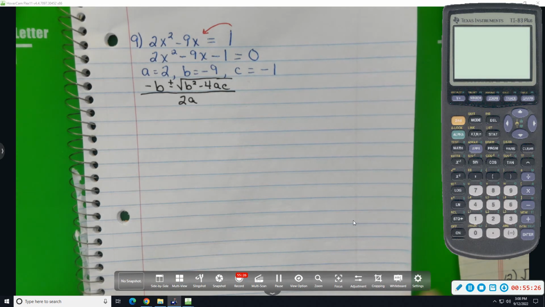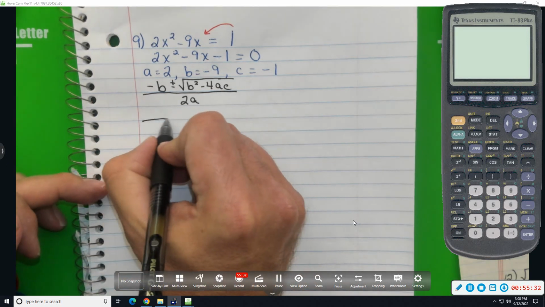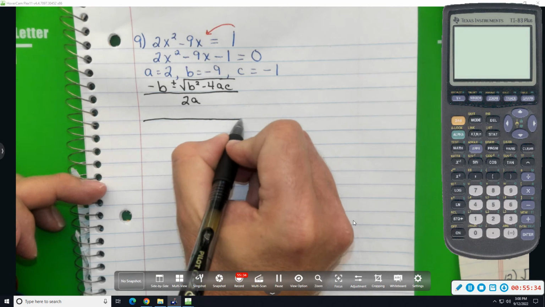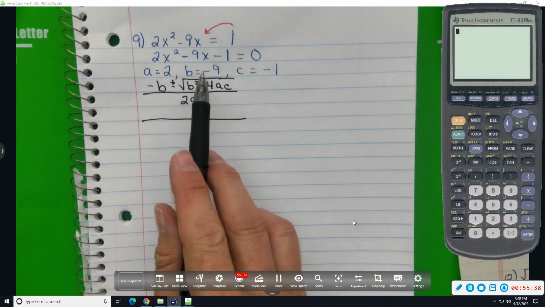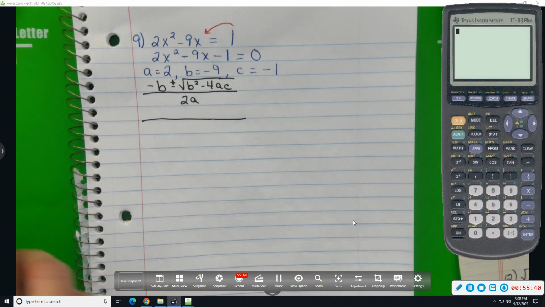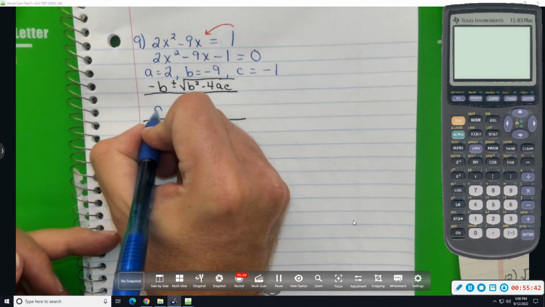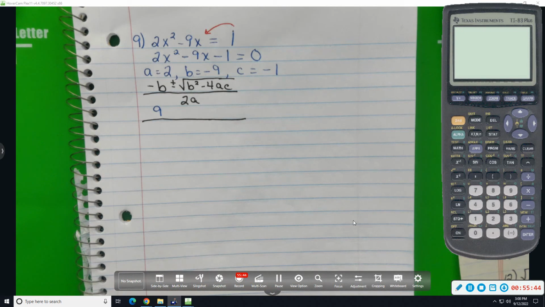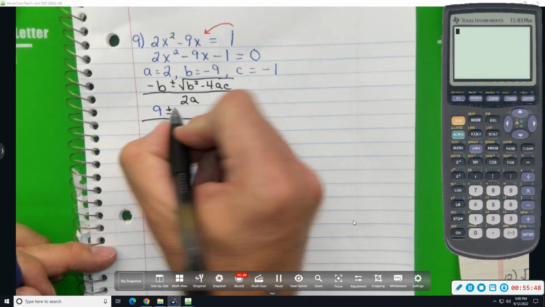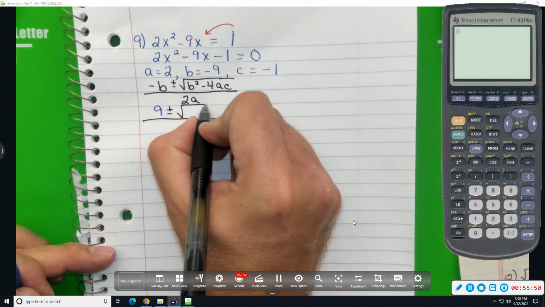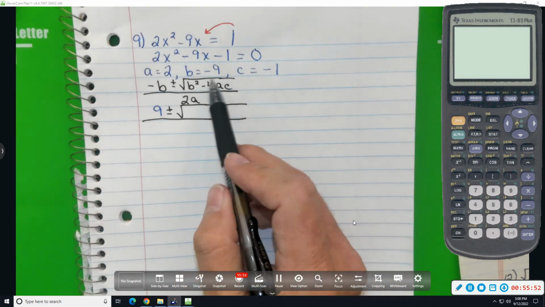Well, let's start plugging in. This negative B: the opposite of negative 9 is 9. Then plus or minus the square root of B squared.